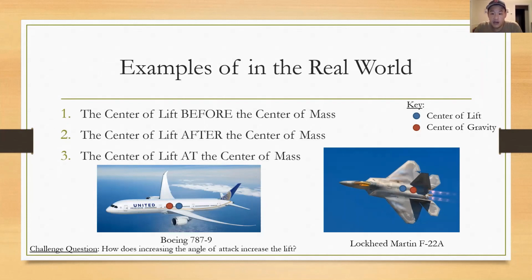And that's actually why the F-22, or one of the reasons why it has engines towards the back. For most aircrafts, engines are super heavy. And so if you have the engine towards the back of the airplane, you move the center of gravity towards the back. Whereas, remember, for a passenger aircraft, you want the center of gravity towards the middle. So that's why you have the engines towards the middle of the aircraft.